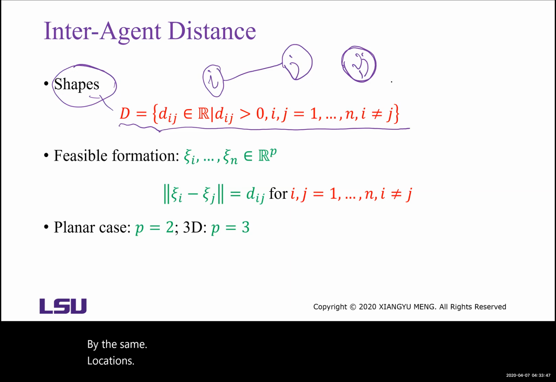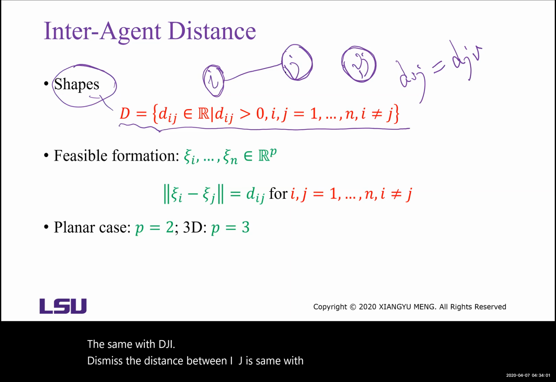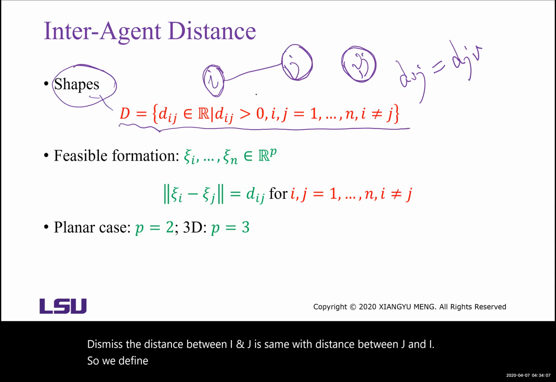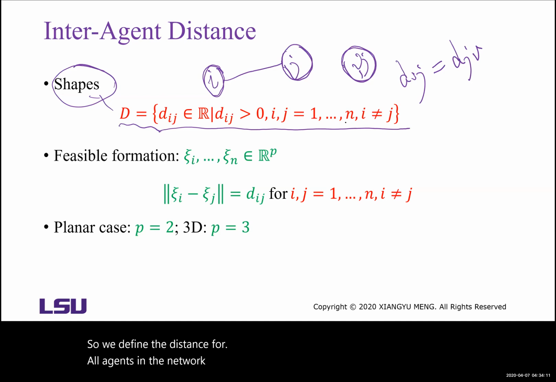We know dij is always the same as dji. This means the distance between i and j is the same as the distance between j and i. So we define the distance for all agents in the network, where i is from 1 to n, and j is also from 1 to n, and i is not the same as j.